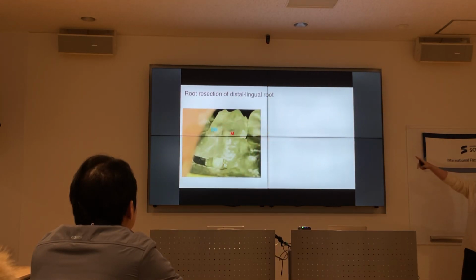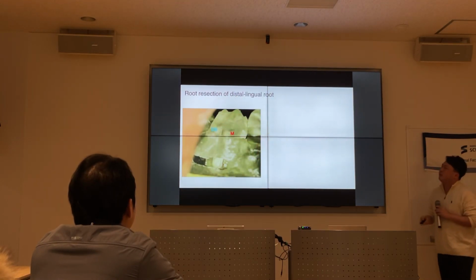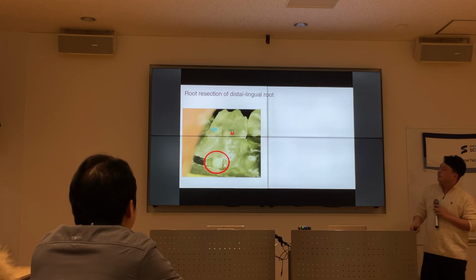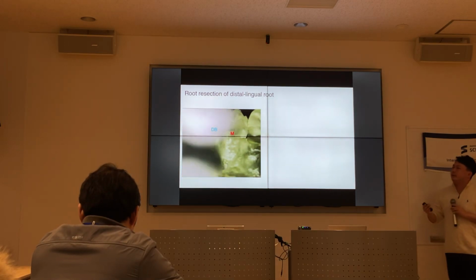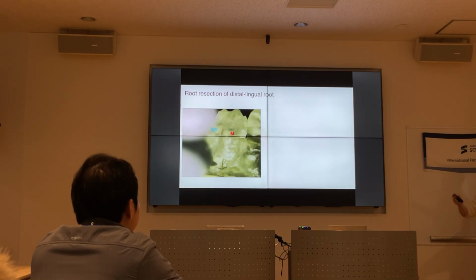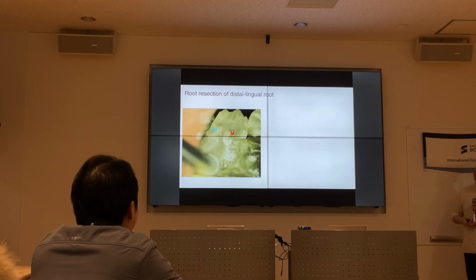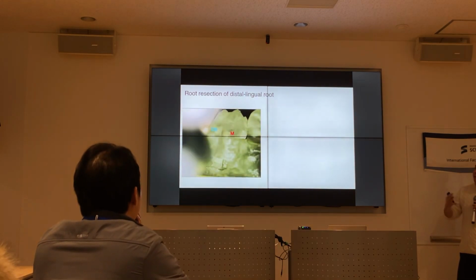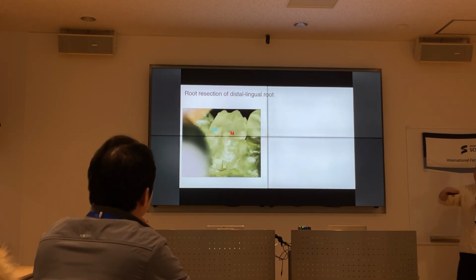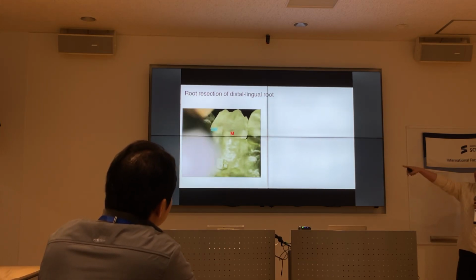Then after that, I tried root resection of the distal lingual root using the same instruments as real surgery. This is a movie of resection of the distal lingual root. In this training, I wanted to check whether it is possible to cut the distal root with this instrument or not.